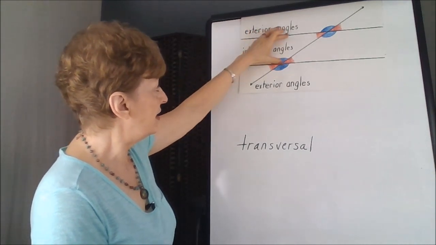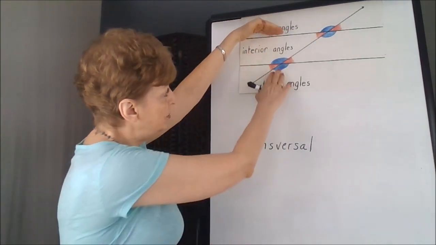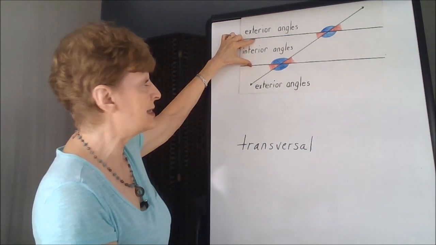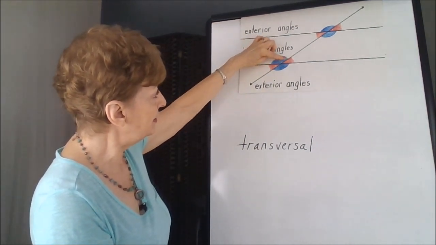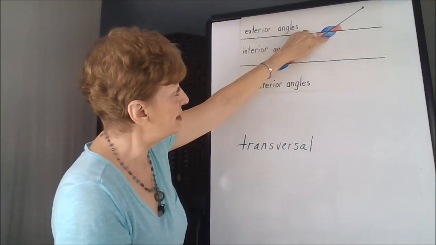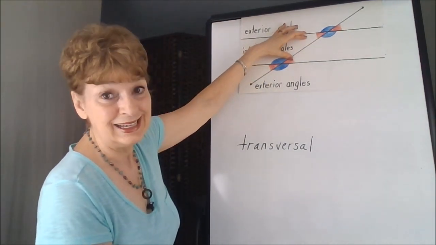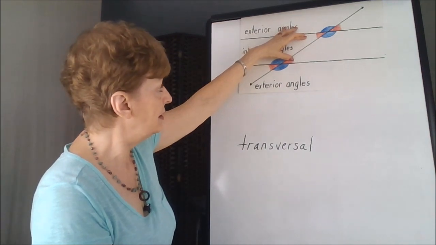The area right in here between the two parallel lines is known as the interior. And so the angles that are here, this one, this one, this one, and this one, those are interior angles.